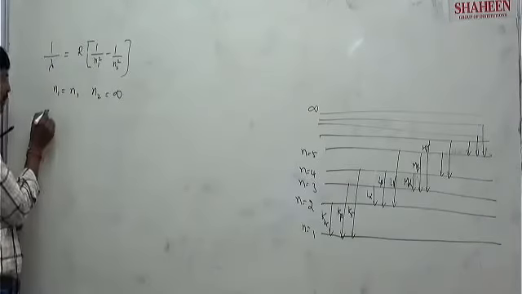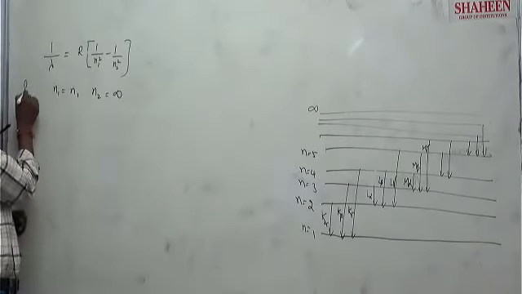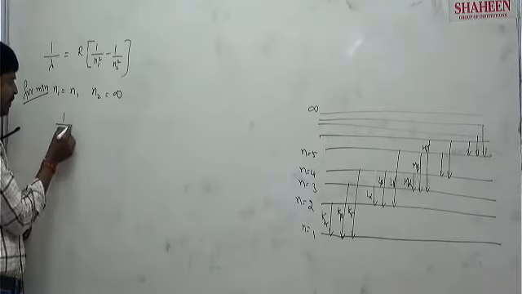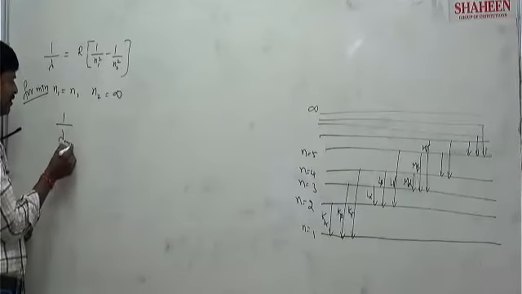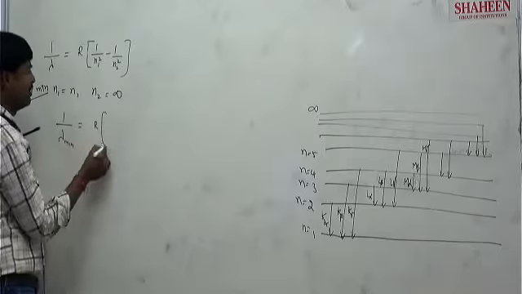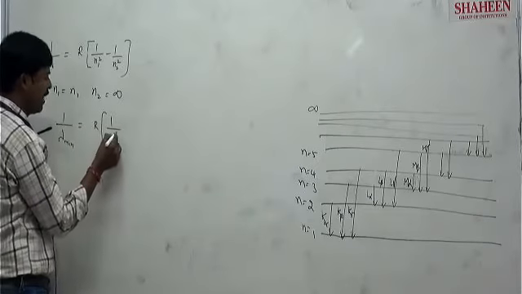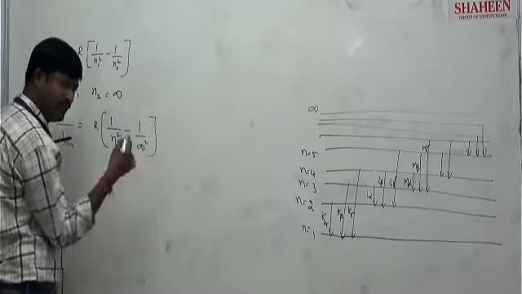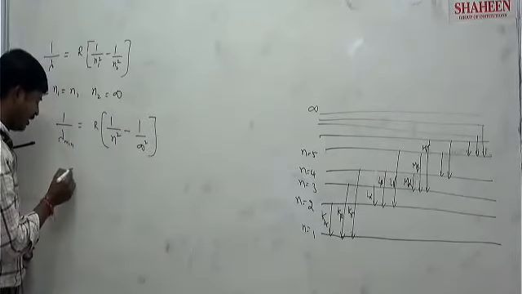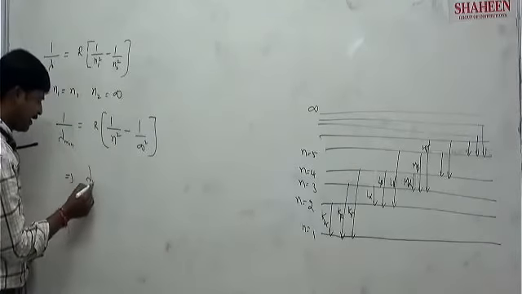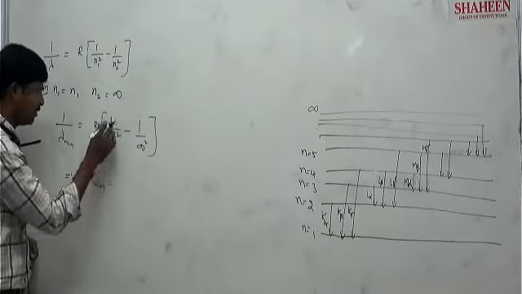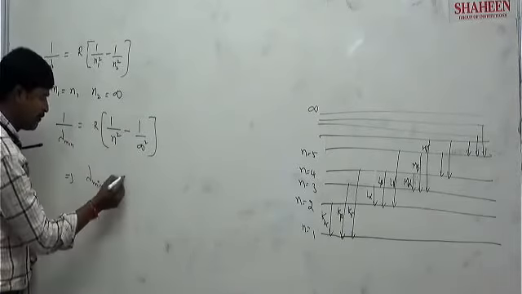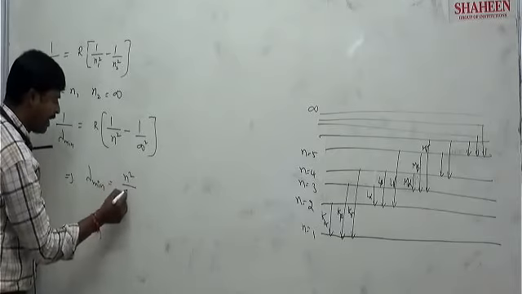For lambda minimum, yesterday I derived this, but I am just revising. 1 upon n1 square, that is n square only, and 1 by infinity square is 0. So finally, I can write 1 by lambda is equal to R by n square, so the lambda minimum is n square by R.